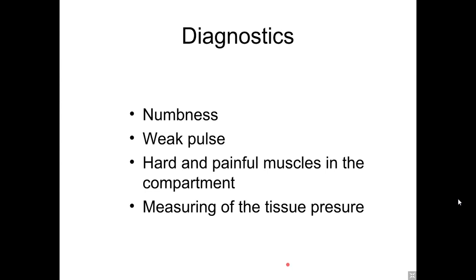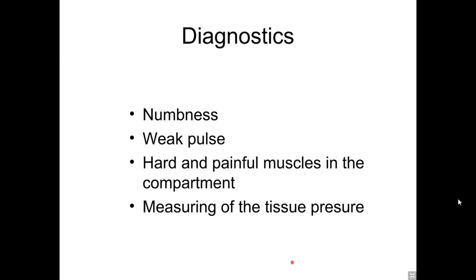Measuring of the tissue pressure is possible with a special tool by puncturing the muscle space, the muscle compartment, and if at the end of this tube there is a tool for measuring, we could measure the actual pressure.